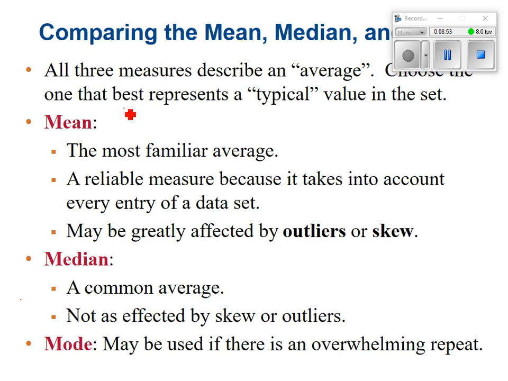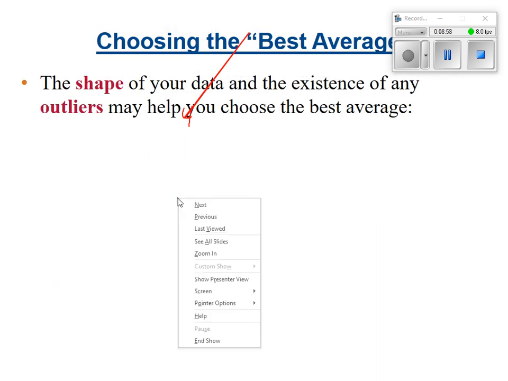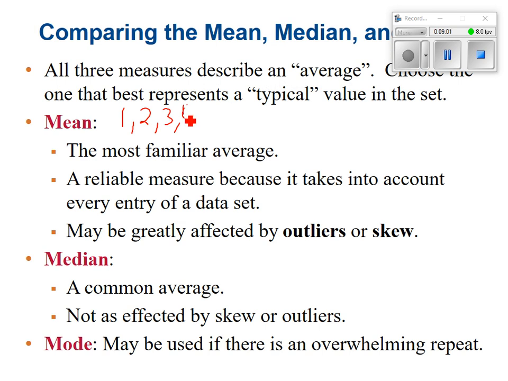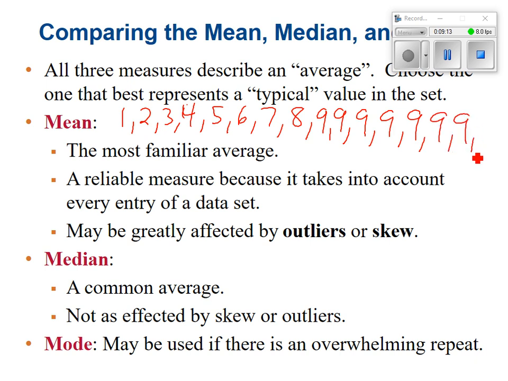If we have some big long list like that and we go through and we find the median and we find the mean and we find the mode, maybe this 9, because it repeats over and over and over again, maybe that is the best to represent that set of data.